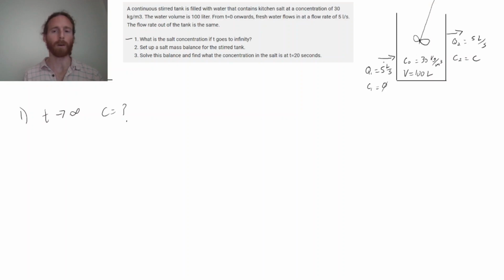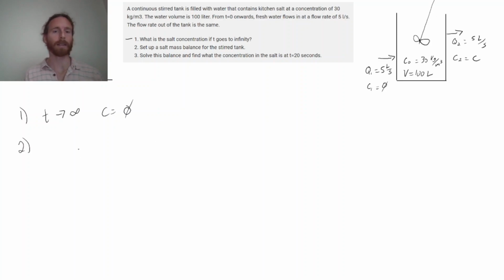You have salt water in the tank and clean water's continuously pouring in. It's perfectly mixed. In the output, initially we're going to have a high salt concentration that's going to come down and down and down until we eventually hit zero. So at time infinity, C equals 0, and this is something that we can use to check our answer.